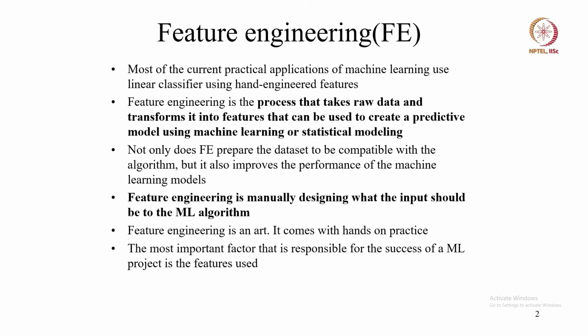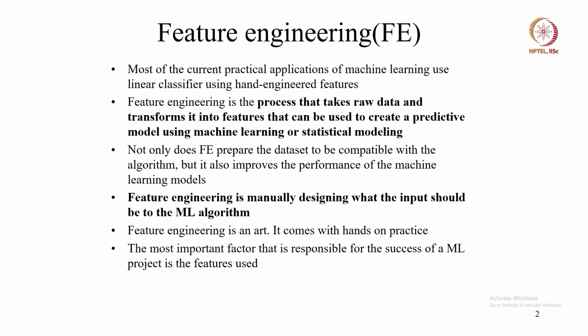So the feature engineering is the process which takes the raw data which is available and transforms it into features which can be used. Some of the raw data may be having values for the features as it is. Some of them you may need to transform.